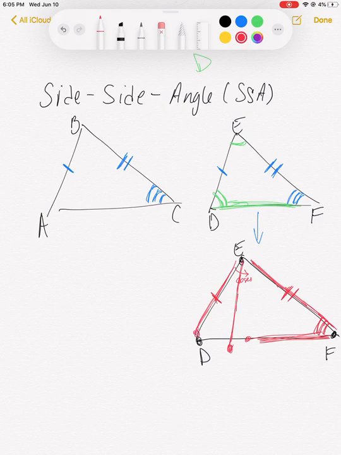So we're going to put that there. Bring it all the way till we can get back to here, which we do right here.